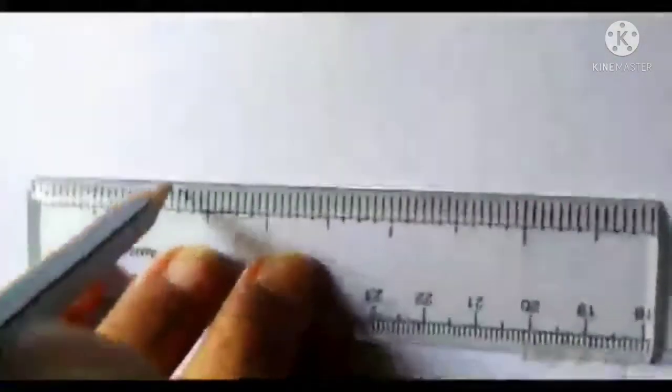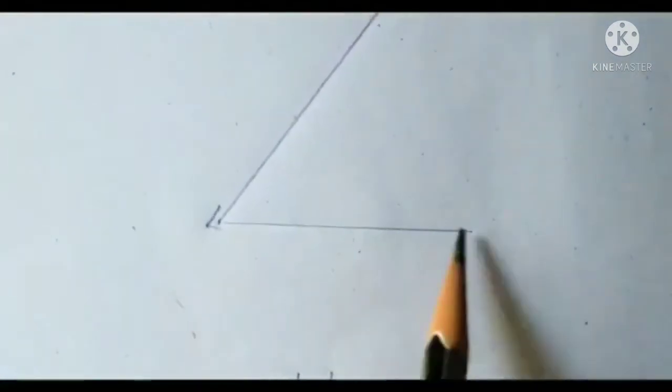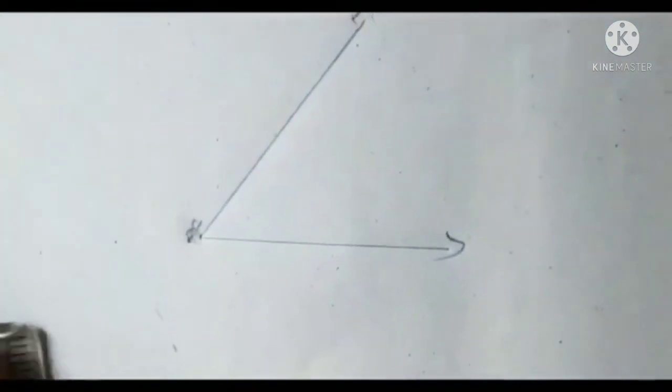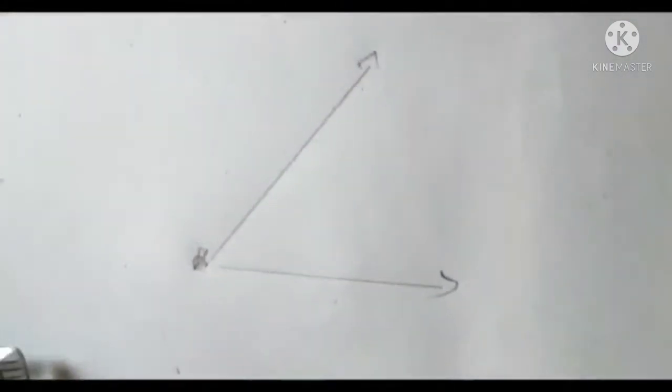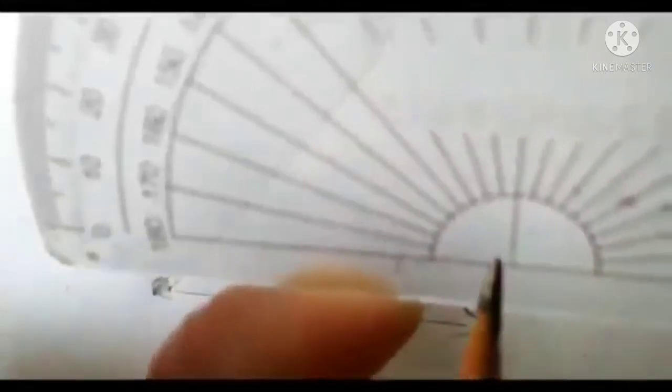Okay, listen. Suppose we are using the inner scale or the outer scale. See here, this is the midpoint. Keep it at the end point of the ray.